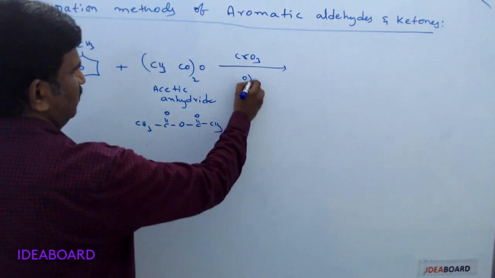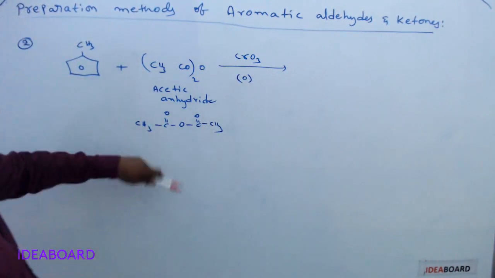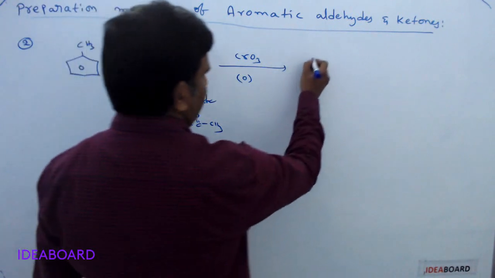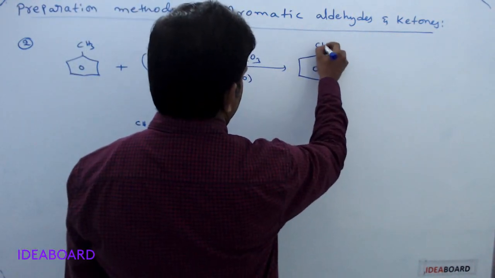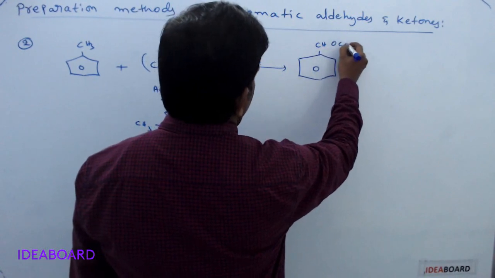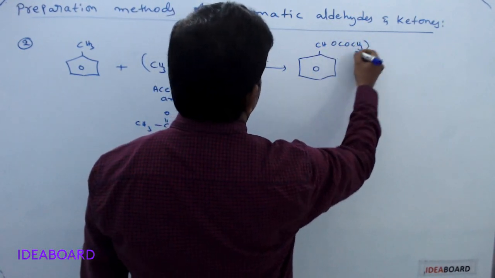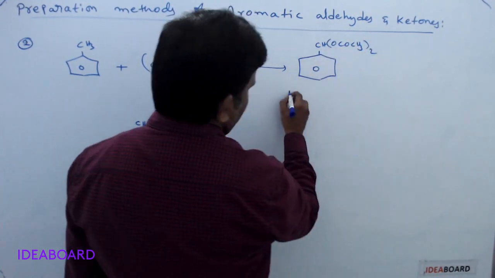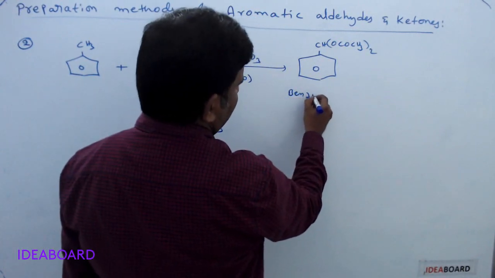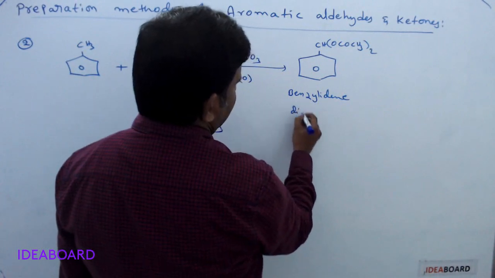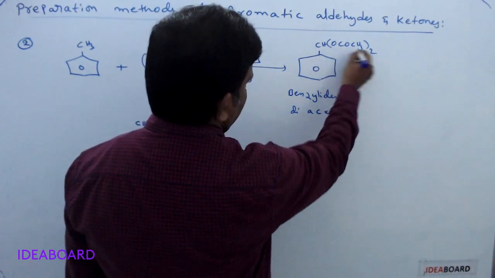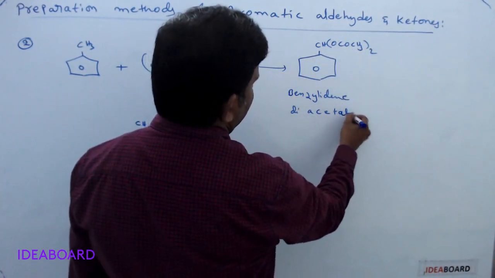Here also oxidation only occurs, the same process. First the intermediate formed is called CHO CO CH3 taken twice, benzylidene diacetate.